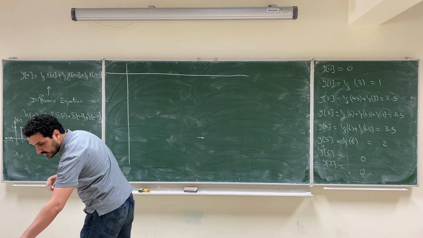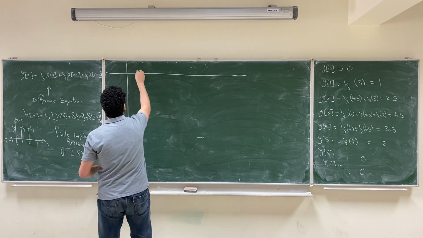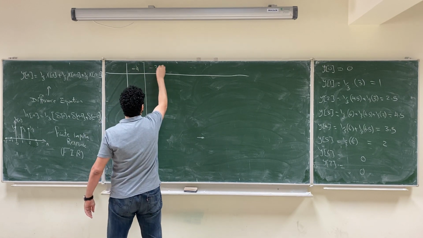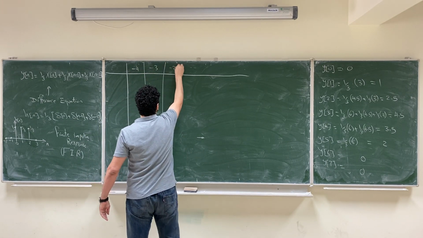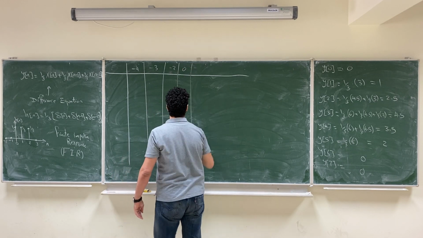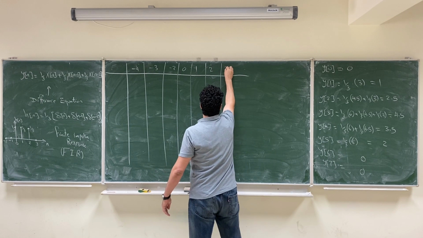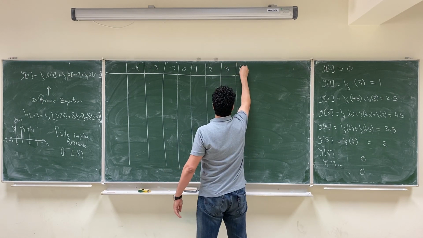So x will appear up to minus 3. This is instant minus 4, minus 3, minus 2, 0, 1, 2, 3, 4.